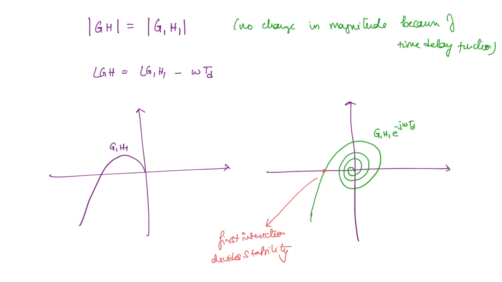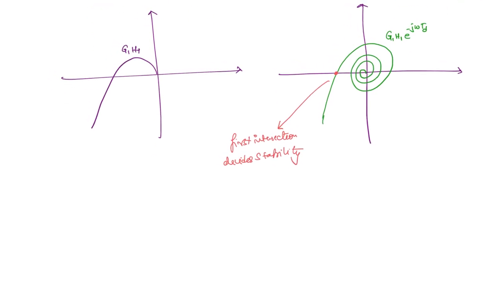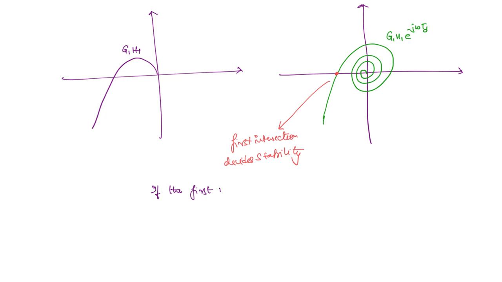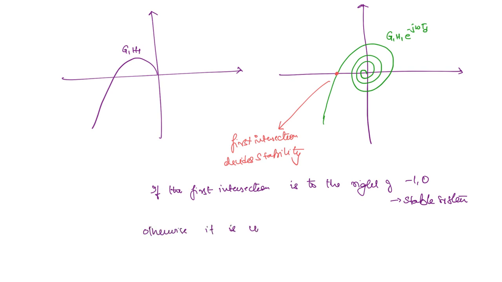If it is towards the left, then it is an unstable system. So you can write here, if the first intersection is to the right of minus 1, 0, then it is a stable system. Otherwise, it is unstable.